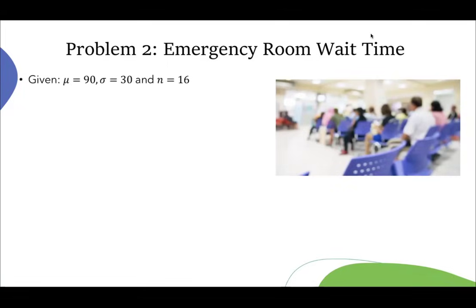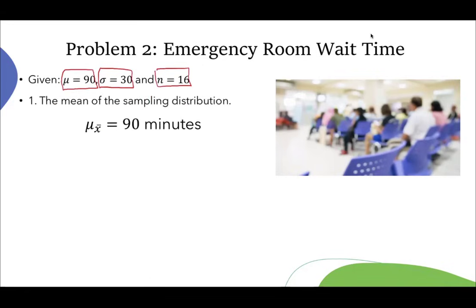Okay, so extract what's been given to us from the words of the problem. We have the mean of the population, the standard deviation of the population, and the size of the sample. We're going to calculate the mean of the sampling distribution, which is the same as the mean of the population, but you want to make sure the symbol you use is mu sub x bar.